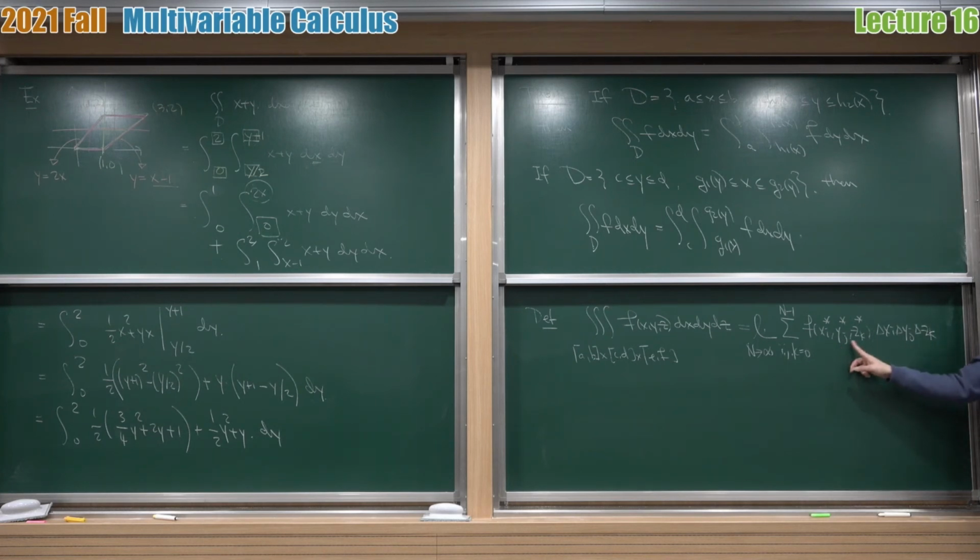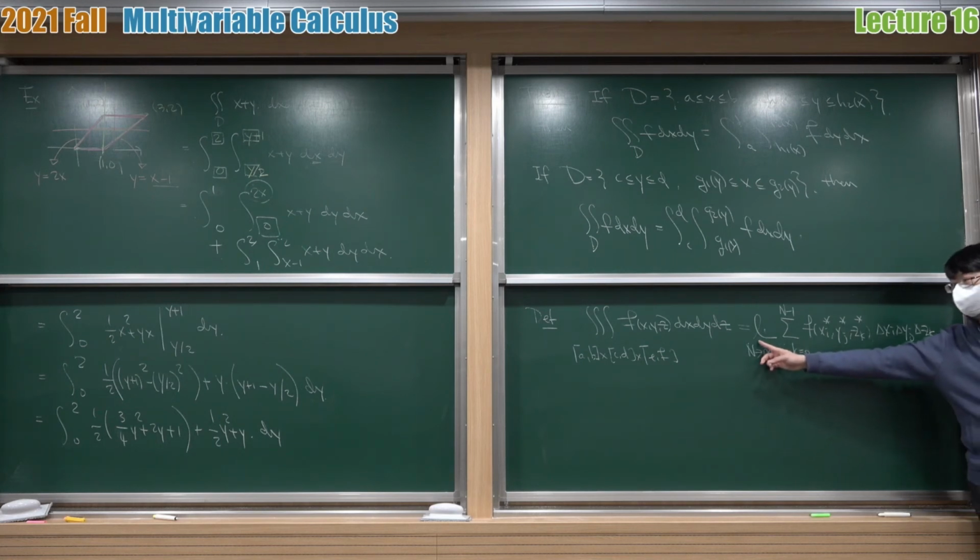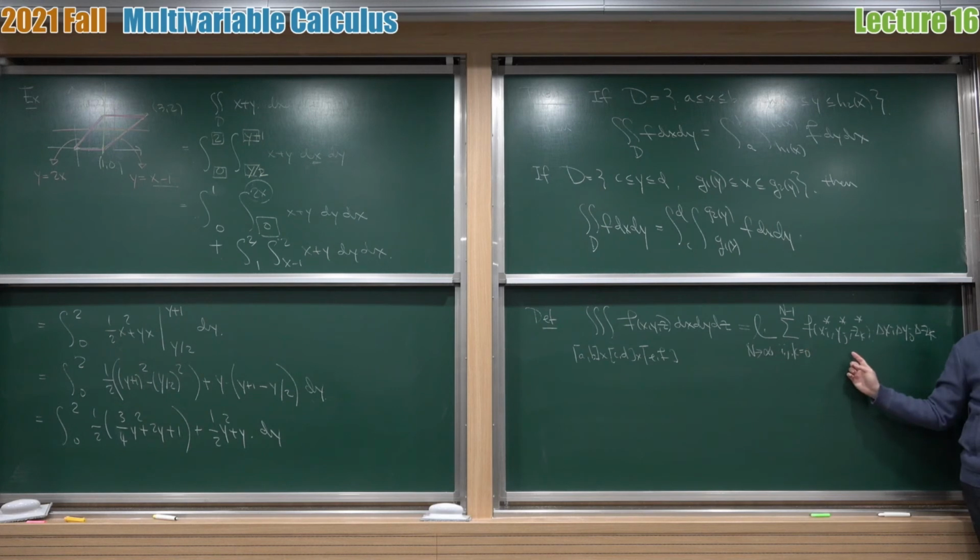What do you get after you multiply all these 4 numbers? It's a number, right? And what do you get after you sum over the numbers? It's a number. And what do you get after you take the limit? A number or set?